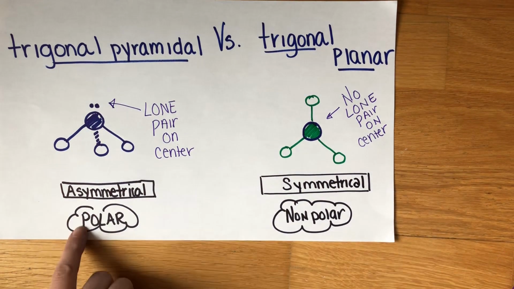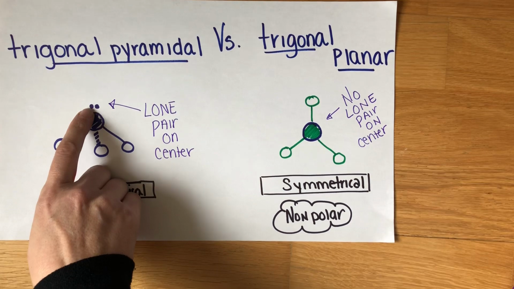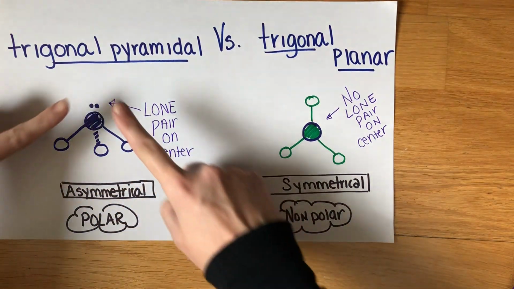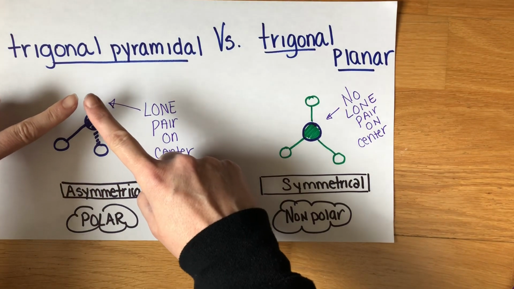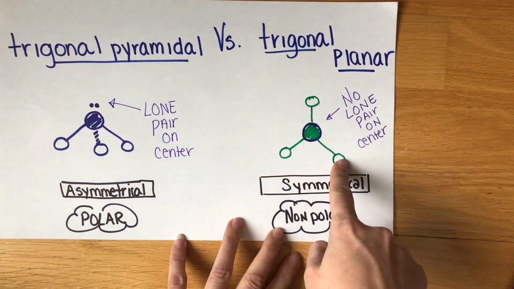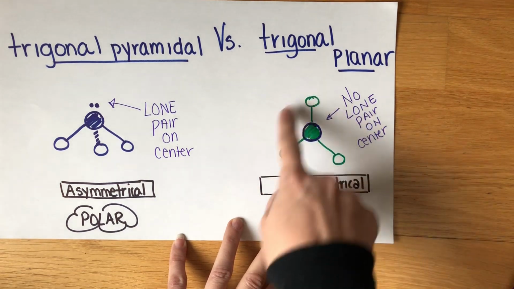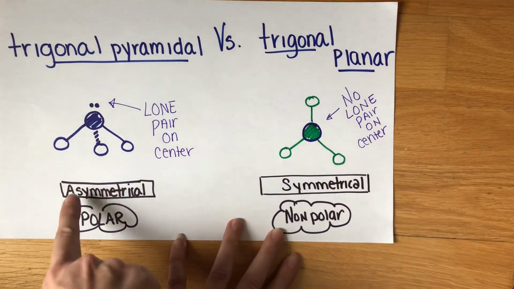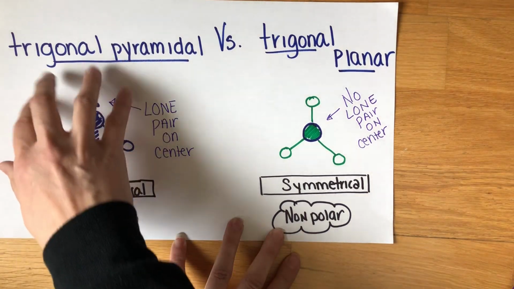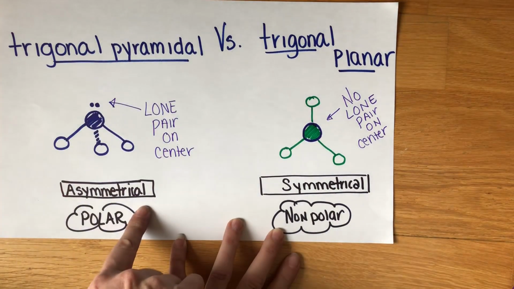If my lone pairs are on the center, that means I'm going to have pulling happening closer up to the top atom where there's the lone pairs versus here, evenly distributed. So this is symmetrical, my atoms are evenly distributed around, and this one's asymmetrical. I have them all over on this side and no atoms over here, asymmetrical.